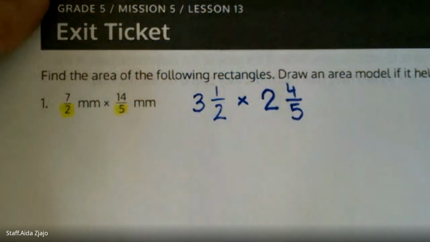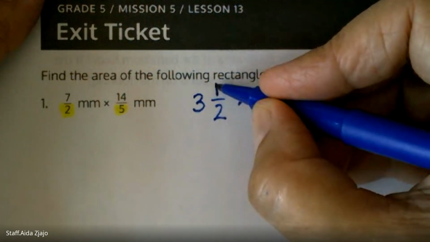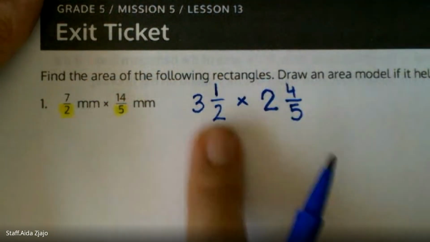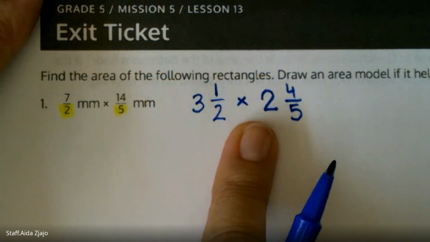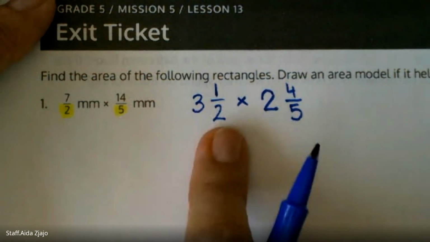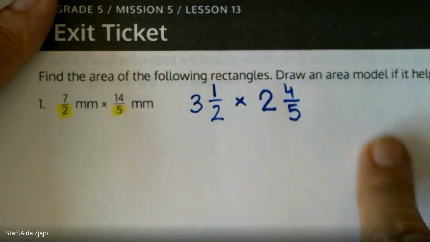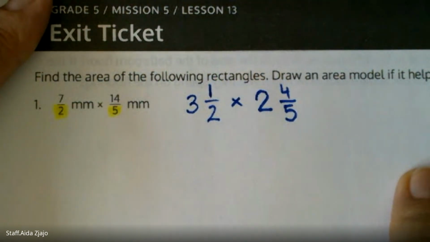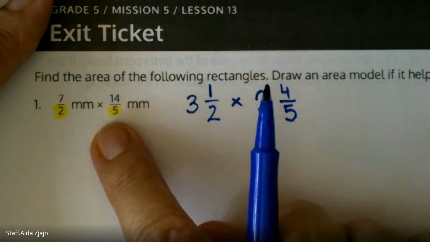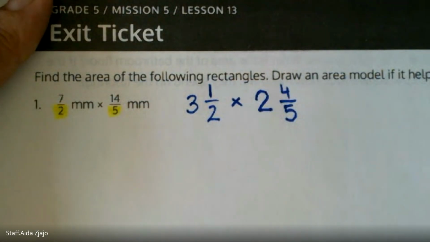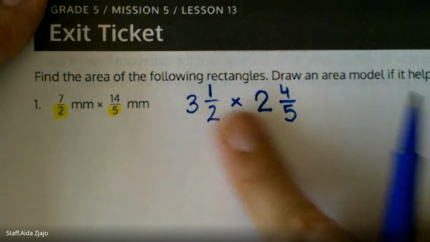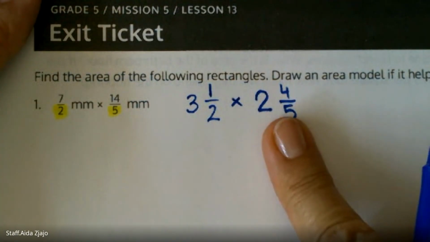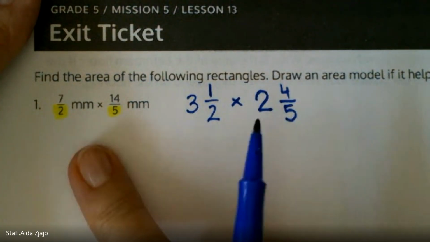So if I change the improper fraction into a mixed number, it could help me to draw my area model instead of drawing these 14 fifths little pieces or 7/2. Or I can use my distributive property to check my answer.